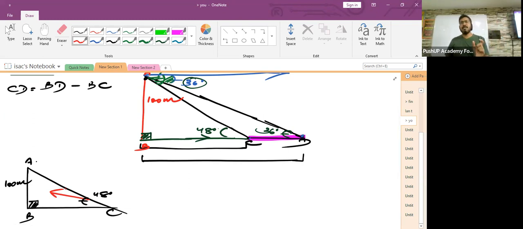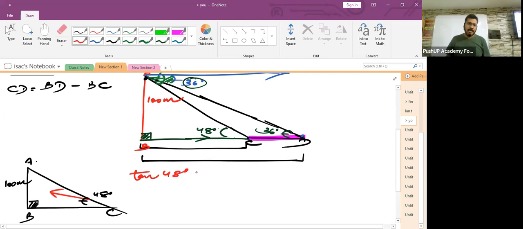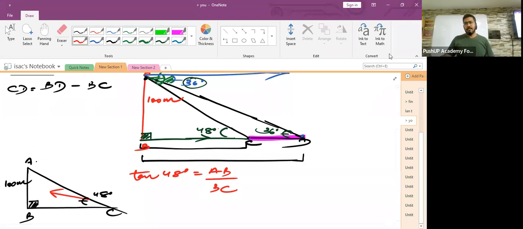Which trigonometric function has opposite and adjacent? Tan function. So let's do it for tan 48 degrees. This will be equal to opposite AB upon adjacent BC. Please use the table and tell me how much is the value of tan 48.